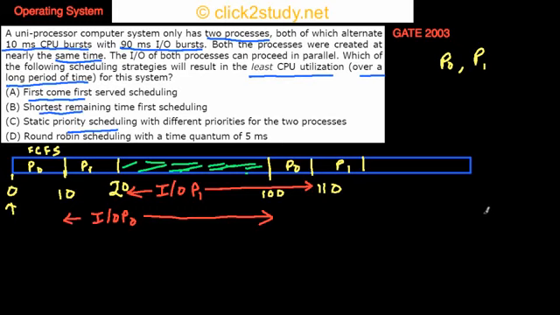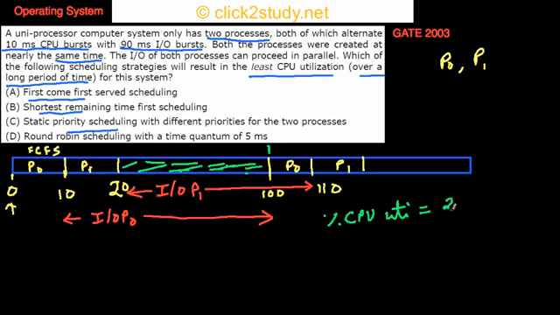So what is the CPU utilization in this case? If you look up till here, after this the same thing repeats, P0, P1 and this thing, so the cycle repeats from here. For this first 100 milliseconds you see that for the first 20 milliseconds the CPU is being utilized.